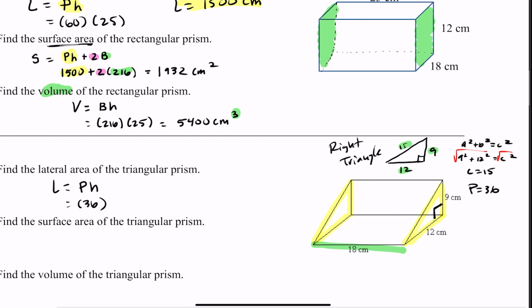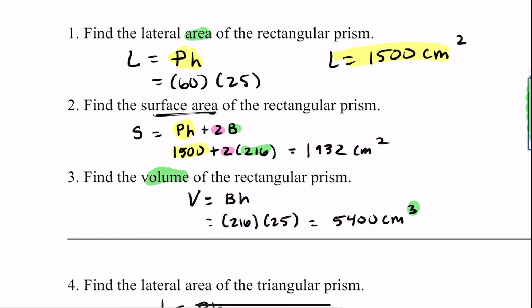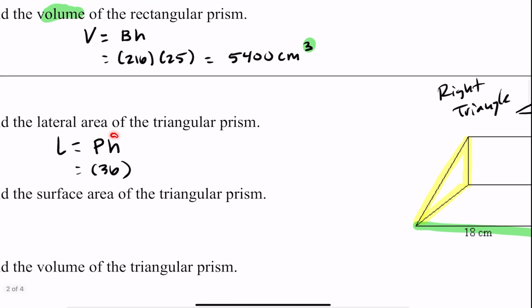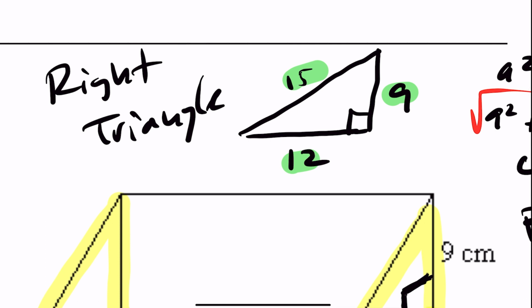But this H, once again, just like everything else we've been doing, is the height of the prism, the segment that separates the two bases. So these are the two bases. What separates the two? It's 18. So you're going to put 18 there. So once again, H is the segment that separates the two bases. H is not that H.